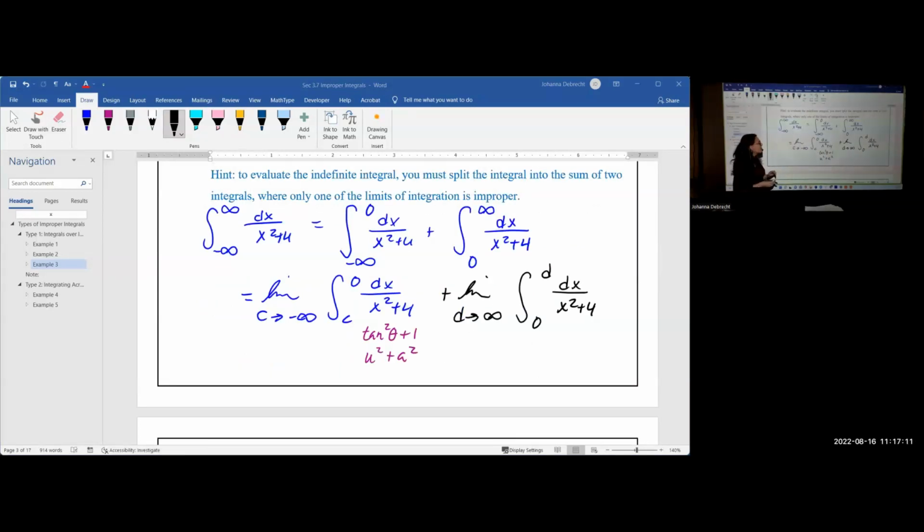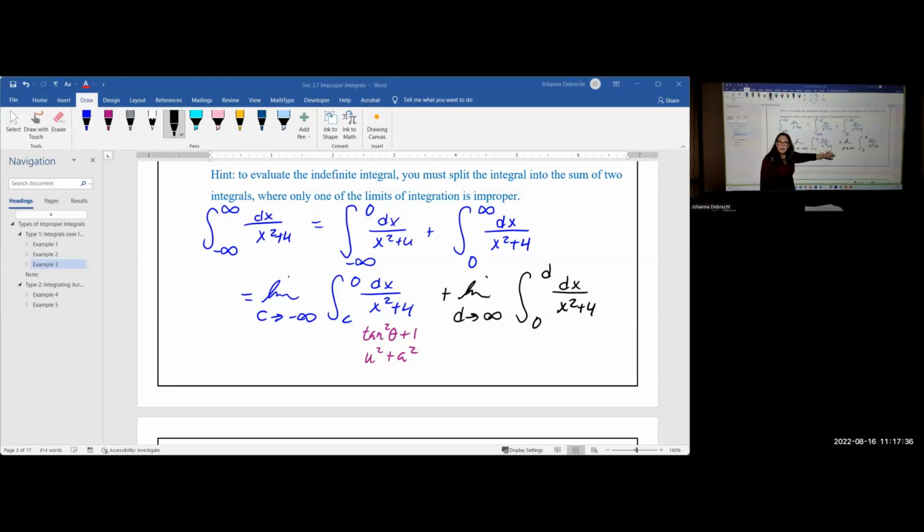Let's see how far you got. So we had split it into two separate integrals, and then we replaced the improper limits of integration with our dummy variables and took the limit as the dummy variable approached that improper limit. When evaluating the integrand itself and deciding how to integrate, it reminds us of the Pythagorean theorem.